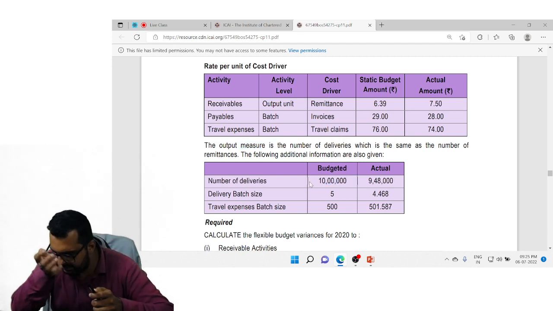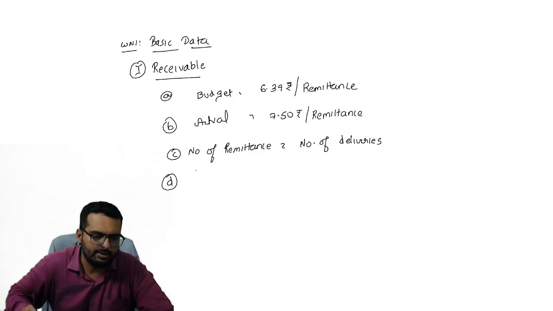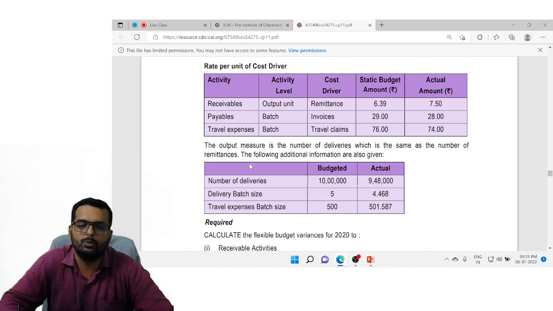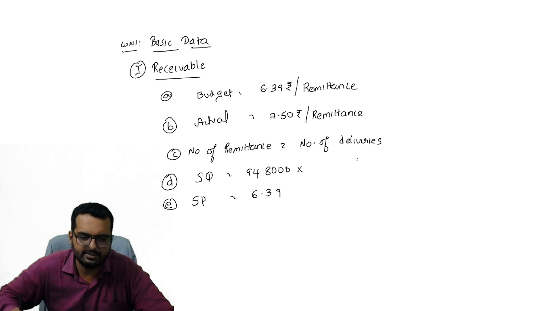Now they have told the budgeted deliveries is how much? 10 lakhs, and the actual number of deliveries how much? 9 lakh 48,000. Now tell me, friends, SQ is based on actual output. So tell me from this data, what will be the SQ? SQ will be 9,48,000 multiplied by SP, which is 6.39.